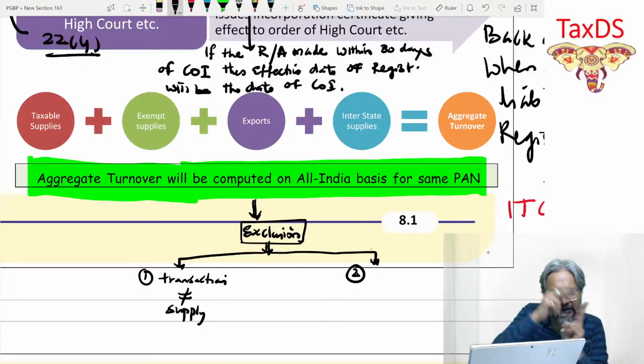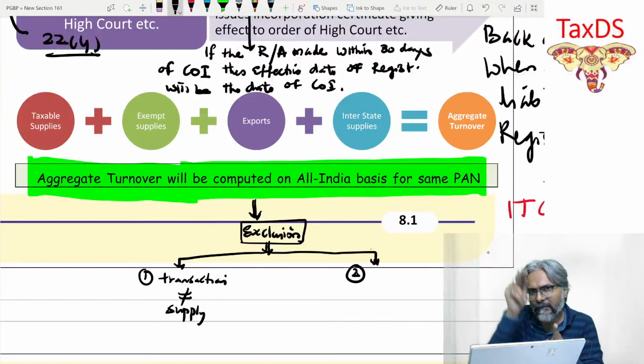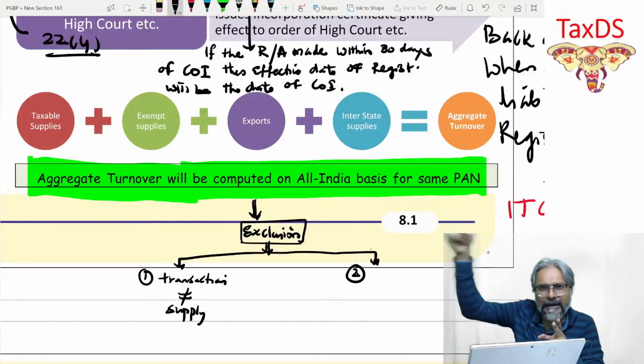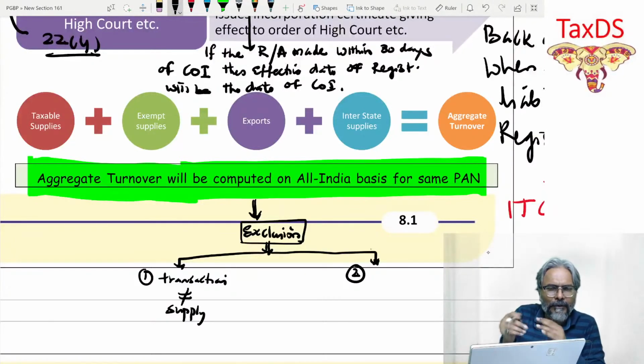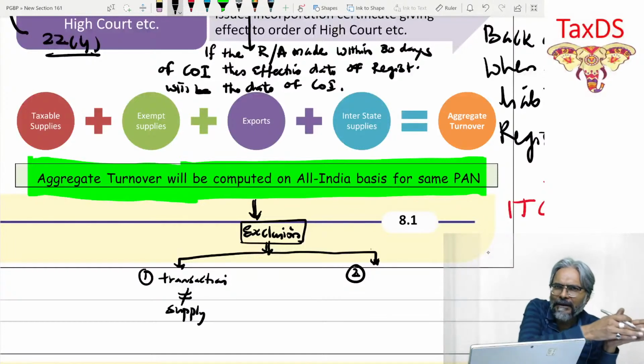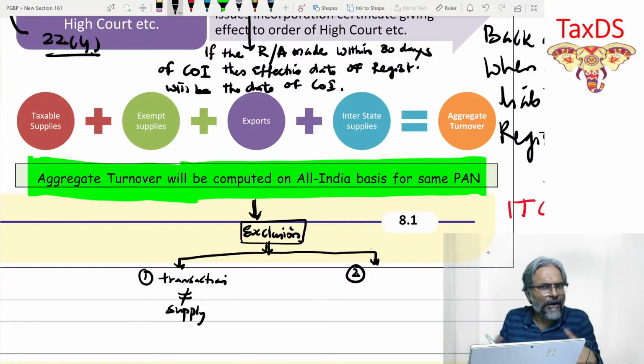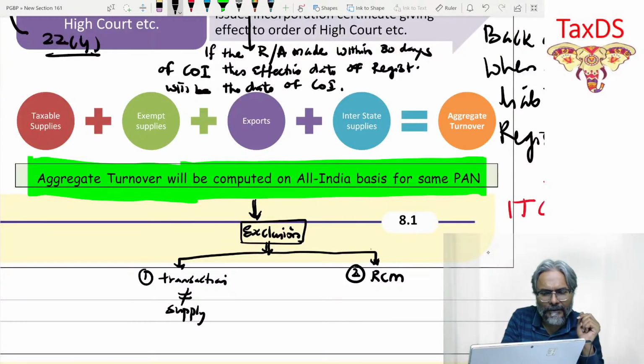Whether you will consider this as a part of your aggregate turnover, the answer is no, because it is someone else's turnover in which you are made liable to pay the GST. It is not your turnover. So the RCM transaction will be excluded, students. Don't consider that as a part of your aggregate turnover.